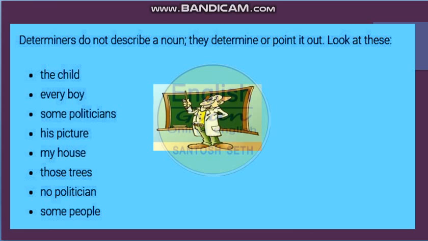See the examples here. The child, every boy, some politicians, his picture, my house, those trees, no politician, and some people. So the words before the nouns are not adjectives, but determiners. All these, the, every, some, his, my, those, no, and some are determiners.